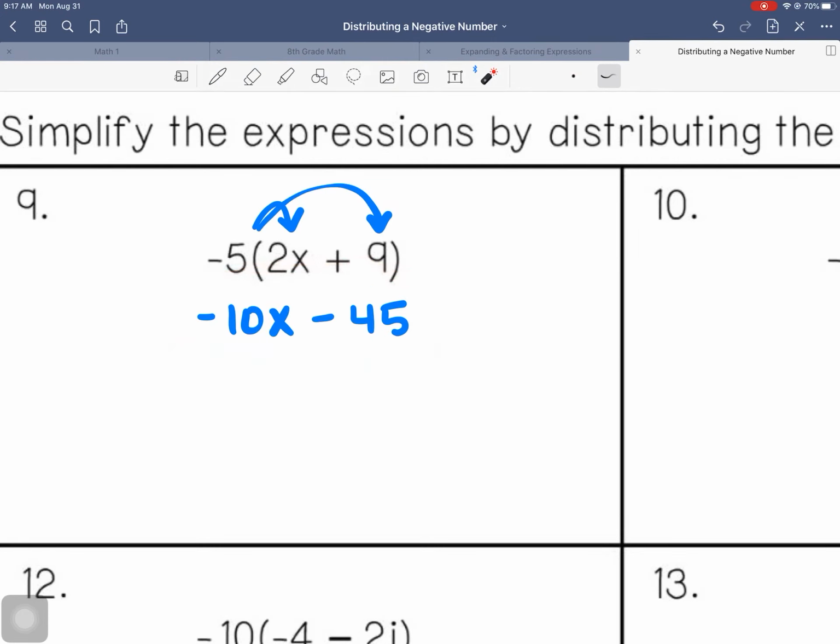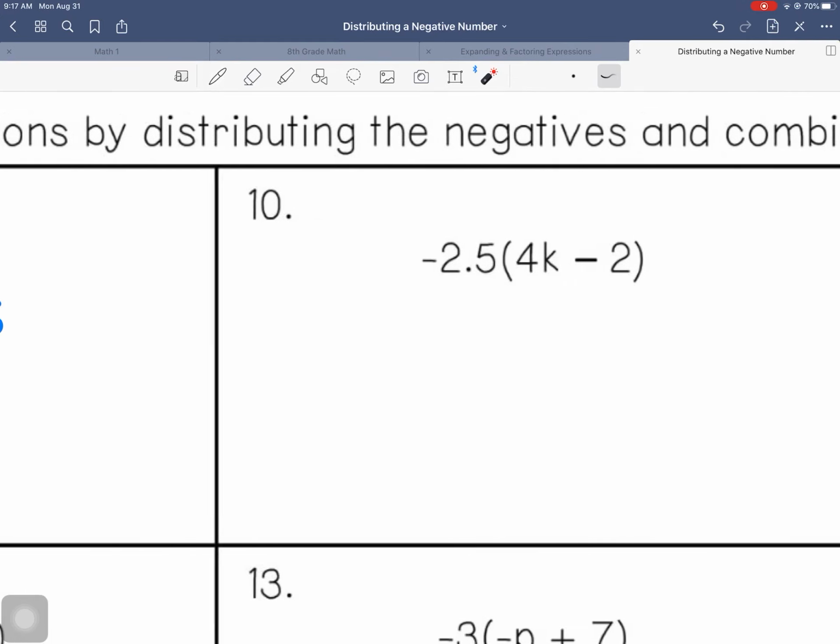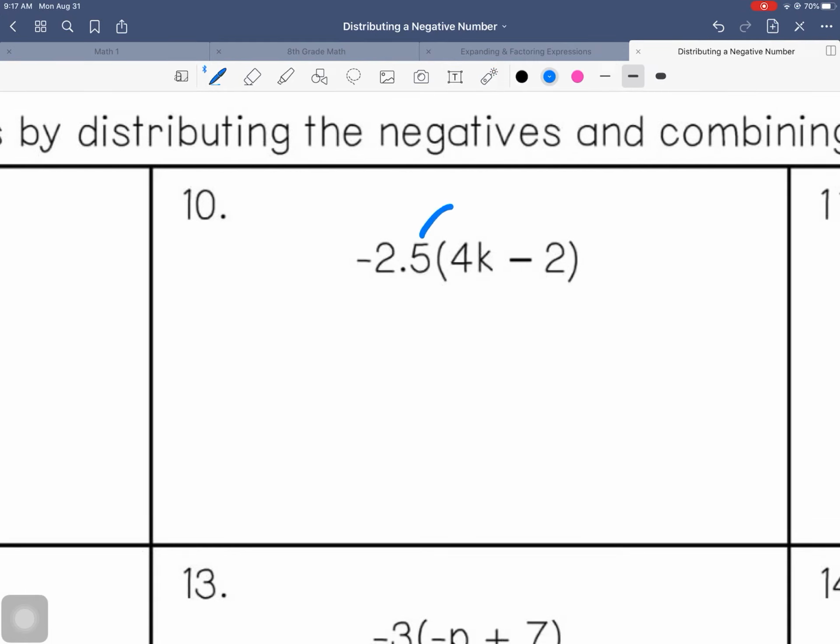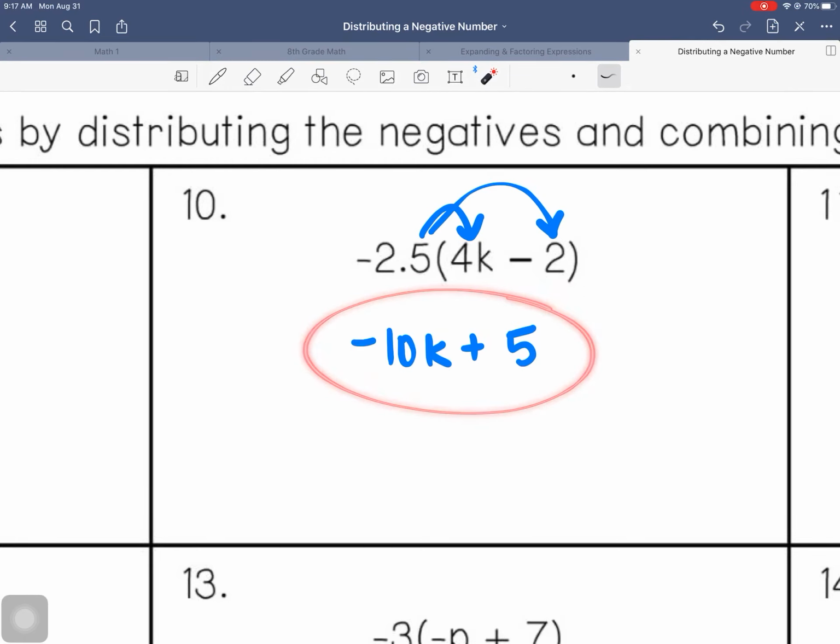When you're looking at this, if you see like terms, you would need to combine them. But here, we do not have like terms. These are not like terms, so I do not need to combine them.